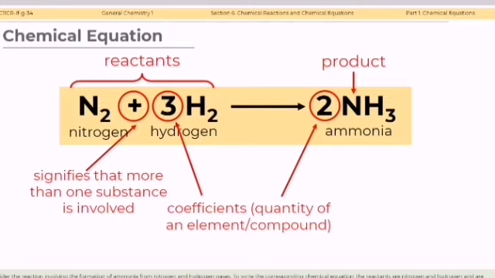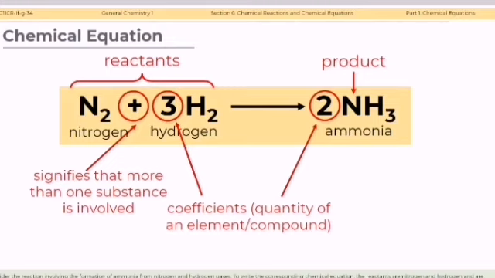Note that the chemical formulas of the reactants are separated by a plus sign. The plus sign signifies that more than one substance is the reactant or product. Ammonia, on the other hand, is the product, hence written at the right side of the equation.